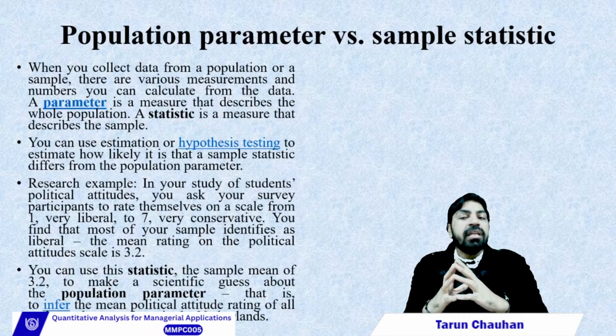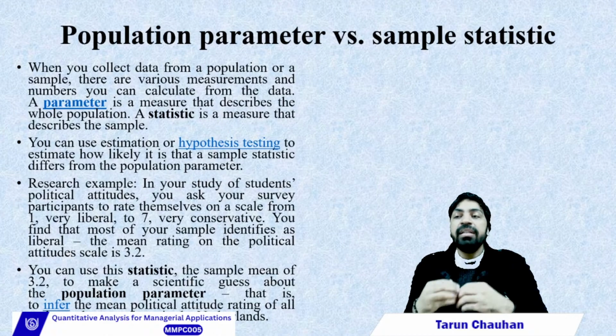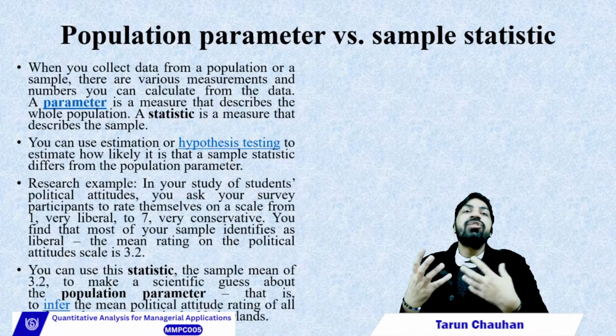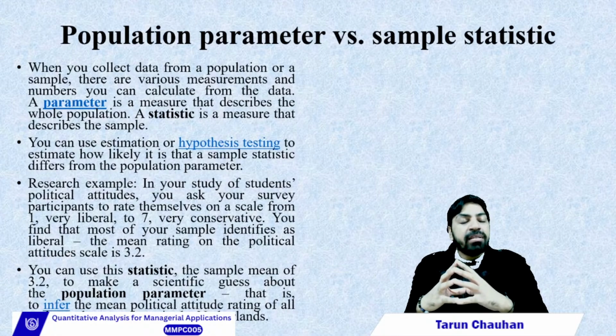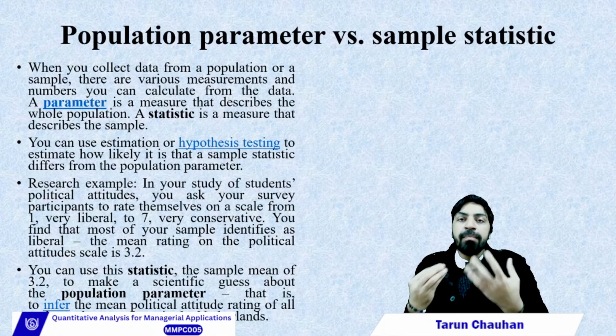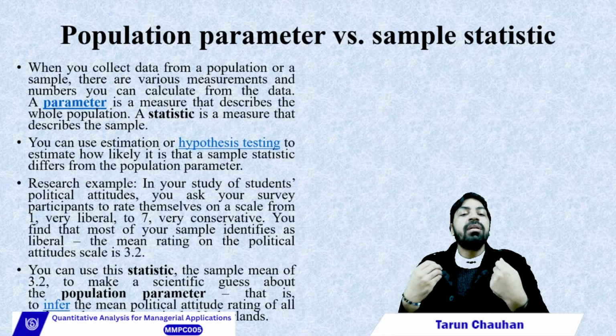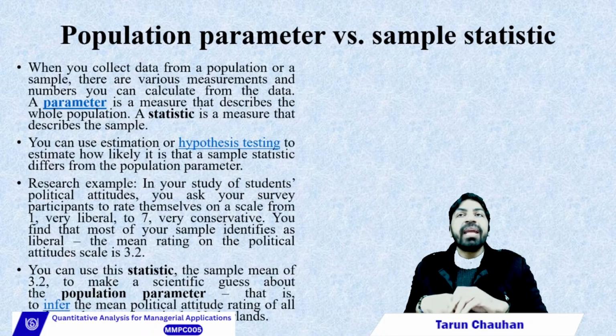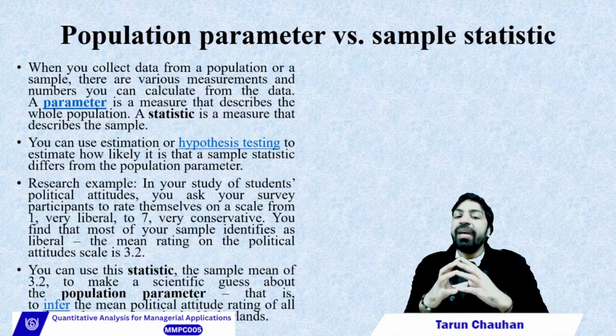In a study of students' political attitudes, a researcher asks survey questions and has participants rate themselves on a scale of 1 for very liberal to 7 for very conservative.